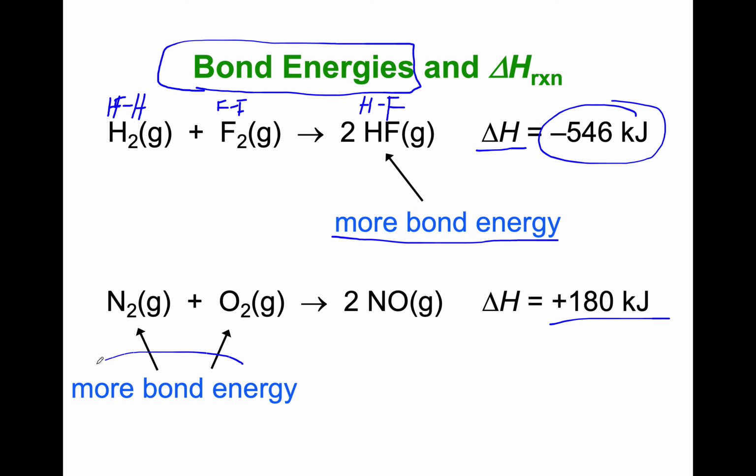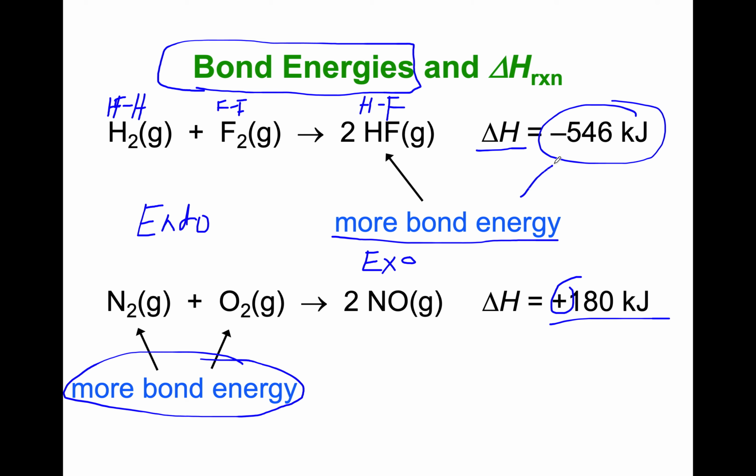So this takes more energy to break these bonds. That's why overall it's endo. So the big takeaway, reactants, we always take energy, endothermic, to break up reactants. Okay? Exothermic, we always release energy when products are formed.